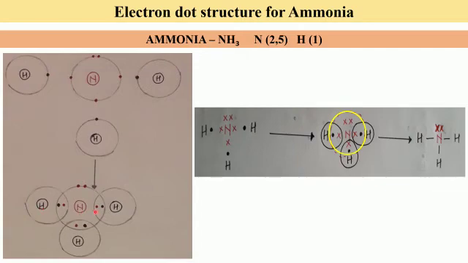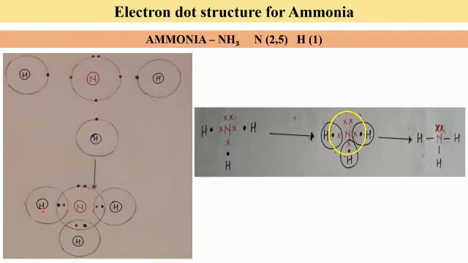Similarly, nitrogen shares 1 electron with 1 electron of hydrogen on this side, and the 3rd hydrogen shares its 1 electron with the 3rd electron of nitrogen. So in all, nitrogen will share 3 electrons.